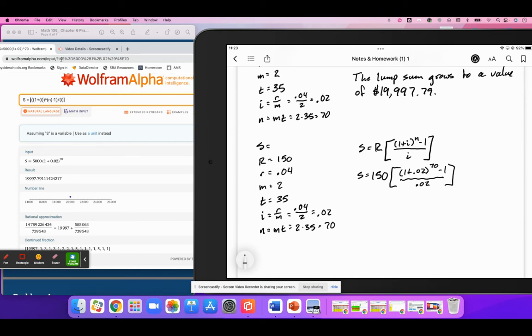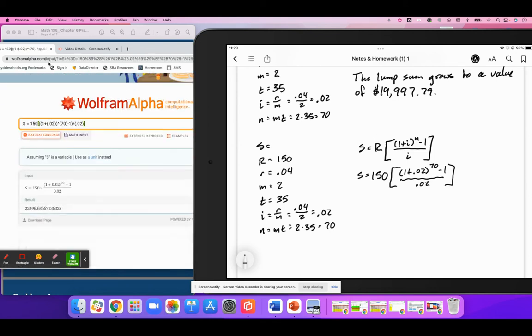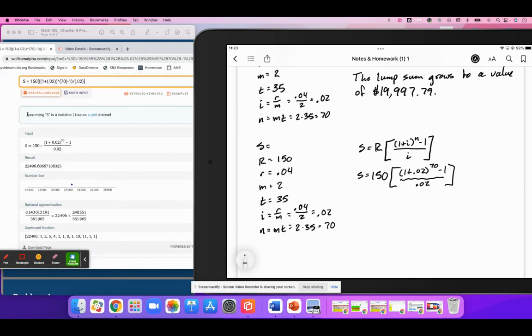So our R is 150, I is 0.02, N is going to be 70. 22,496.69 is what we end up with.